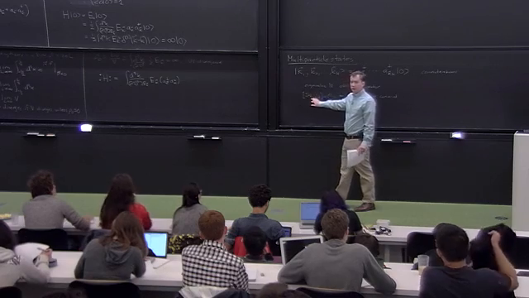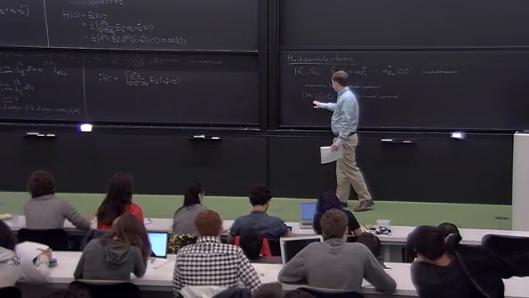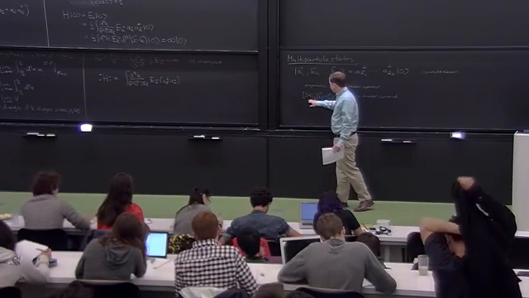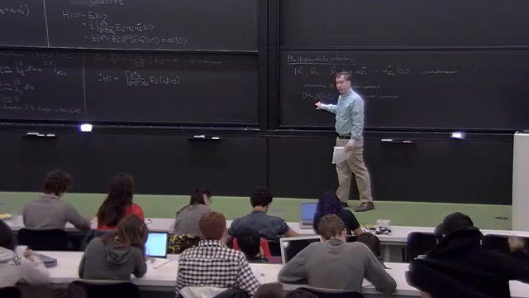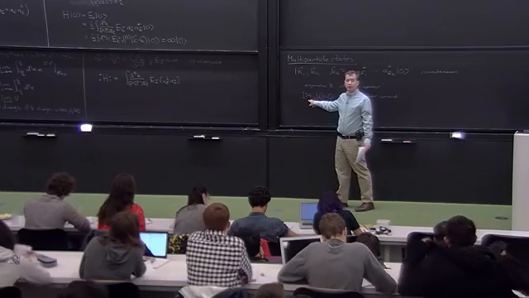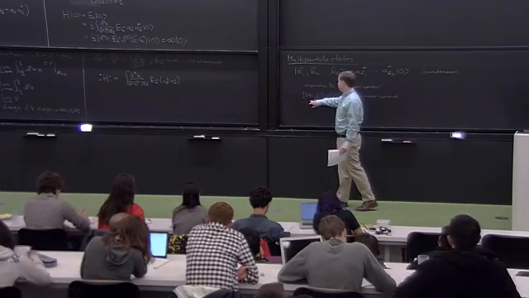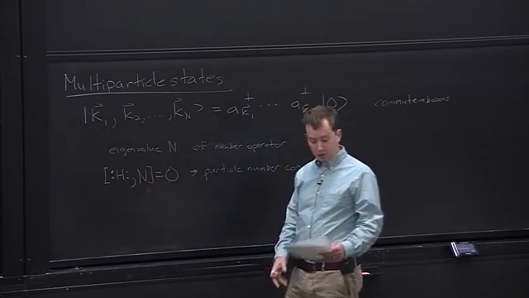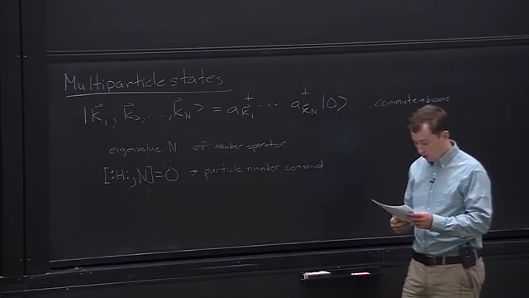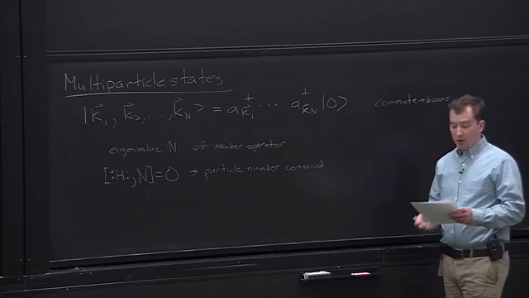This theory has no interactions, essentially. And this is a very special property of this theory. Almost any possible change we can make to the Hamiltonian will make the commutator of H with N non-zero. And we will be able to describe particle creation and particle number non-conservation.